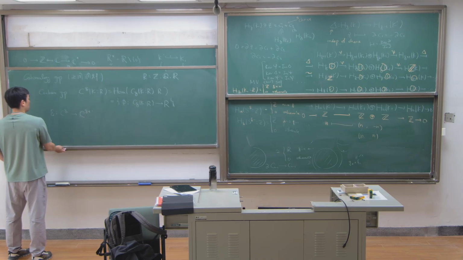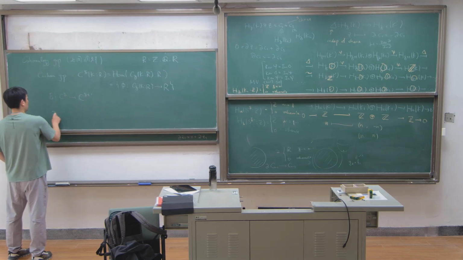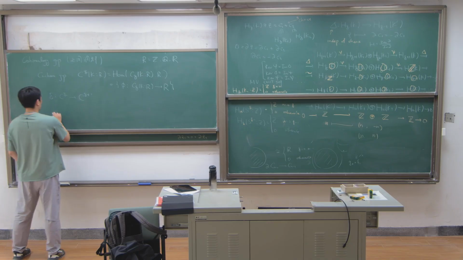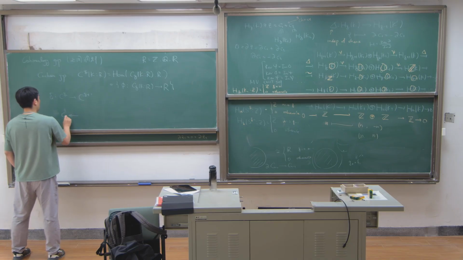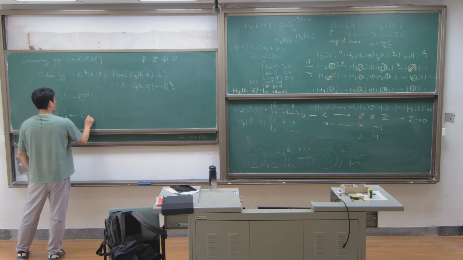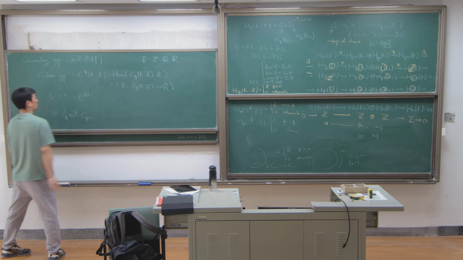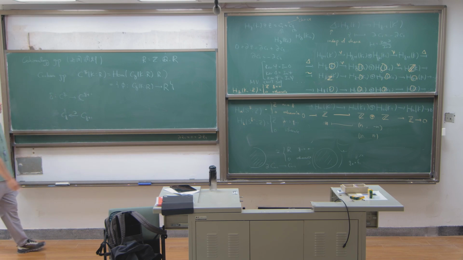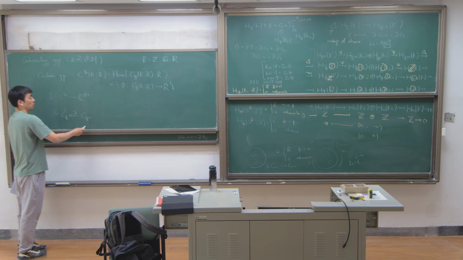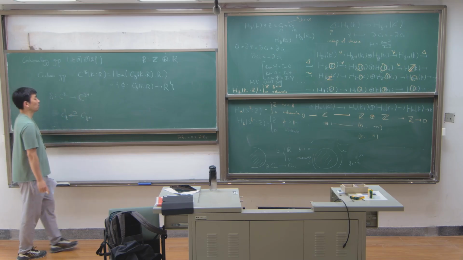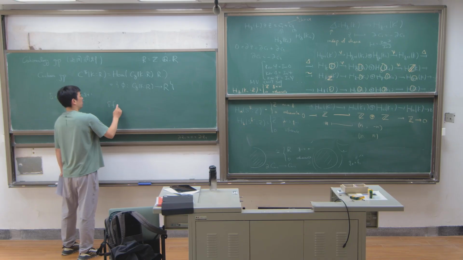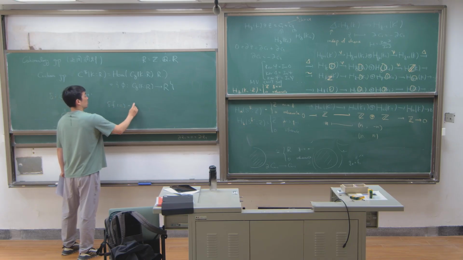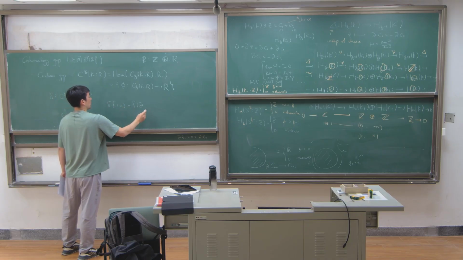So notice that the lower C_{q+1} down. So there's a natural pairing between these two. So therefore, del f of c is equal to f of del c.